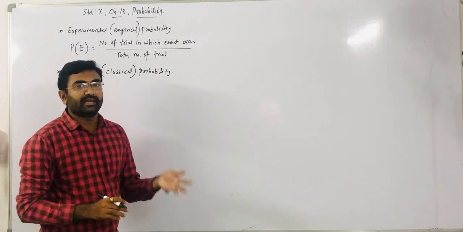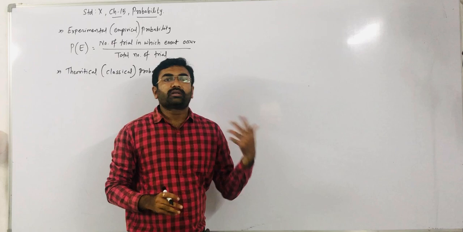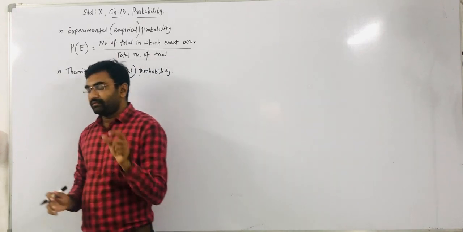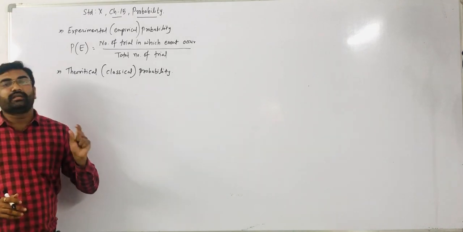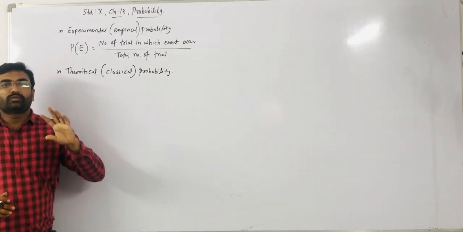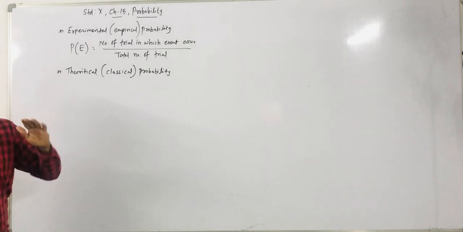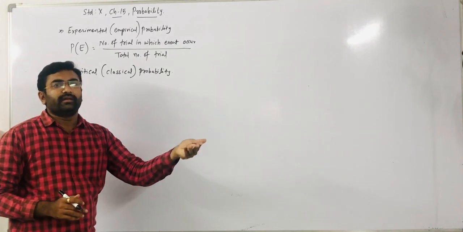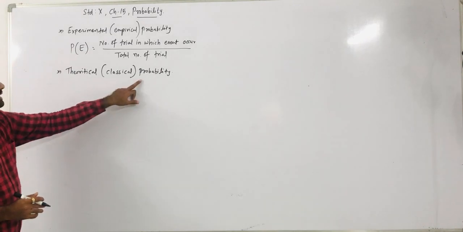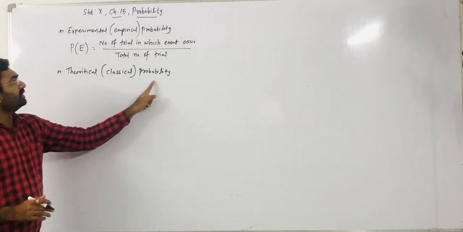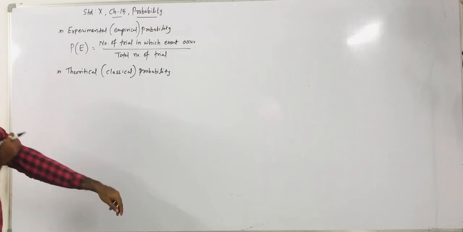If any event is there, we assume its outcomes. Suppose I take a coin. We all know a coin has two outcomes, head and tail, so based on assumption, we get a head or a tail. That probability is called theoretical or classical probability.